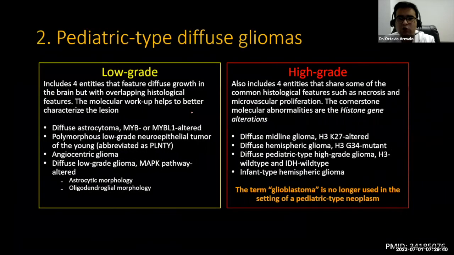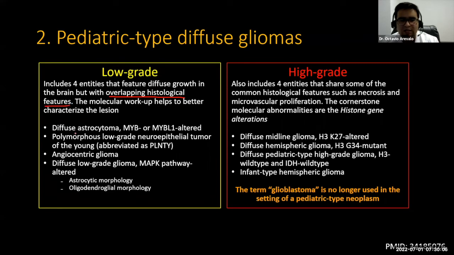So those were the adult type of tumors. Now let's move on to the second category, which is the pediatric type diffuse gliomas. So here you have the low grades and the high grades. In the low grades, you have 4 entities that feature diffuse growth in the brain, but with overlapping histological features.